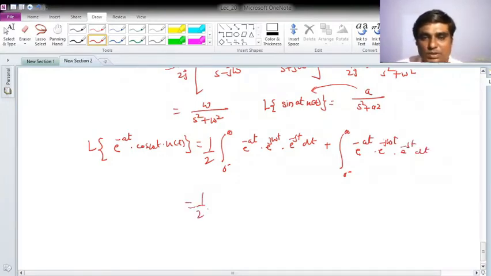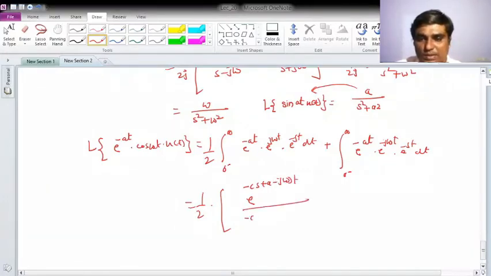So what it will be, e raised to minus s plus a minus j omega t over minus s plus a minus j omega, and it will be 0 negative to infinity.